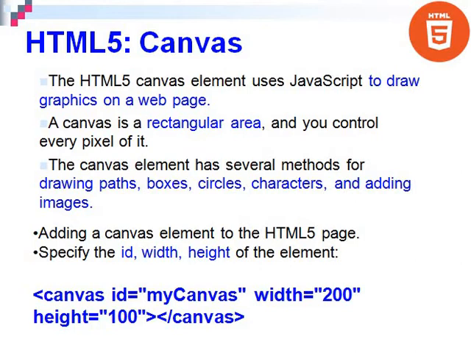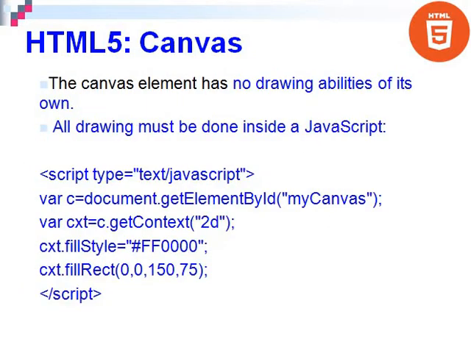For adding a canvas to our web page, we have to specify the canvas tag. Then we have to mention the ID, the identity or name of the canvas. Then width and height should be specified for the drawing area.